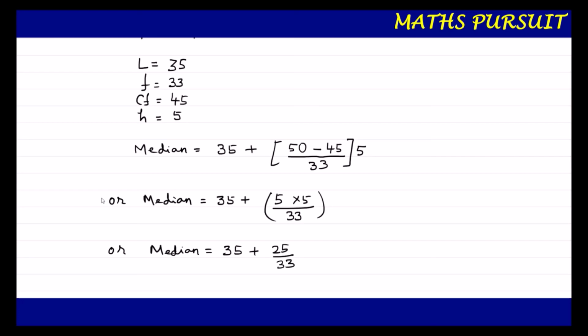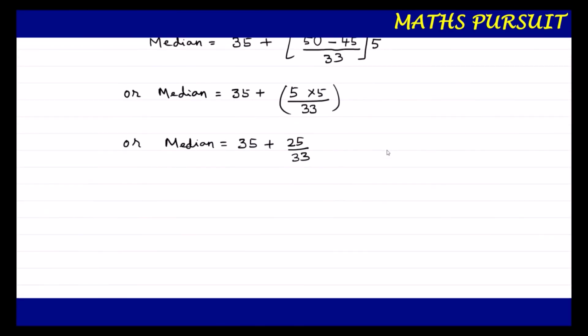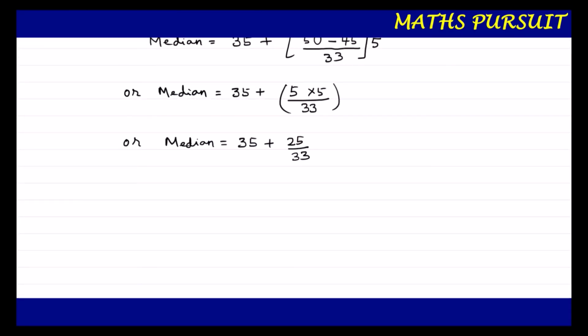Hope till here guys we are very clear. So we got median is equal to 35 plus 25 upon 33. If we divide 25 by 33, we get 0.76.